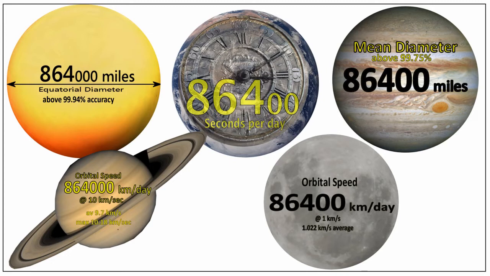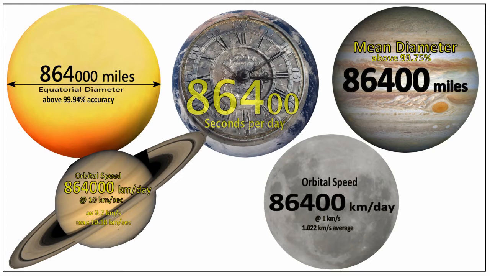864,000. Now that's nice because the orbital speed of Saturn moves through, because of the elliptical orbits, the speed slightly changing, but right in that nice chunky part, basically the average is 864,000 kilometers per day being the orbital speed of Saturn, which is nice because there are 86,400 seconds per day, which defines the Earth.